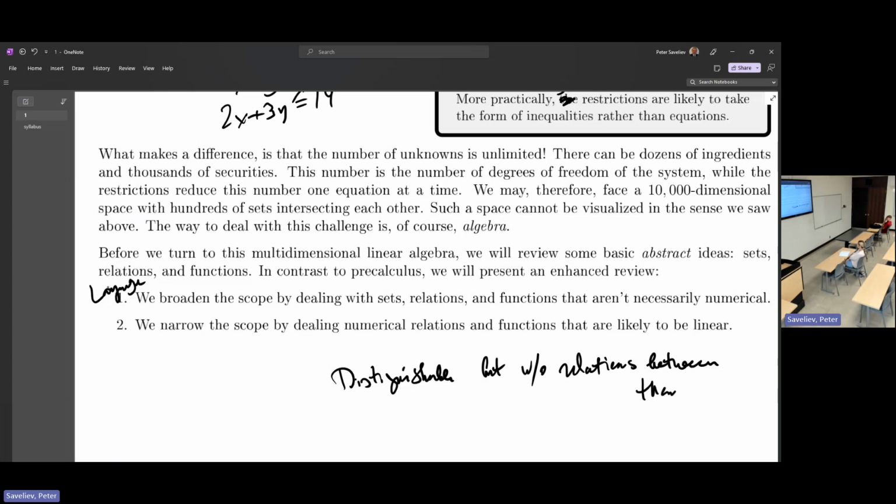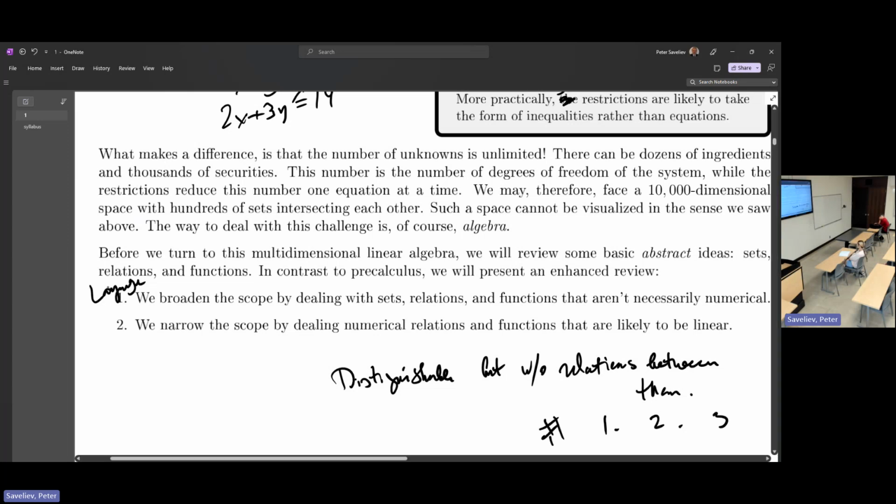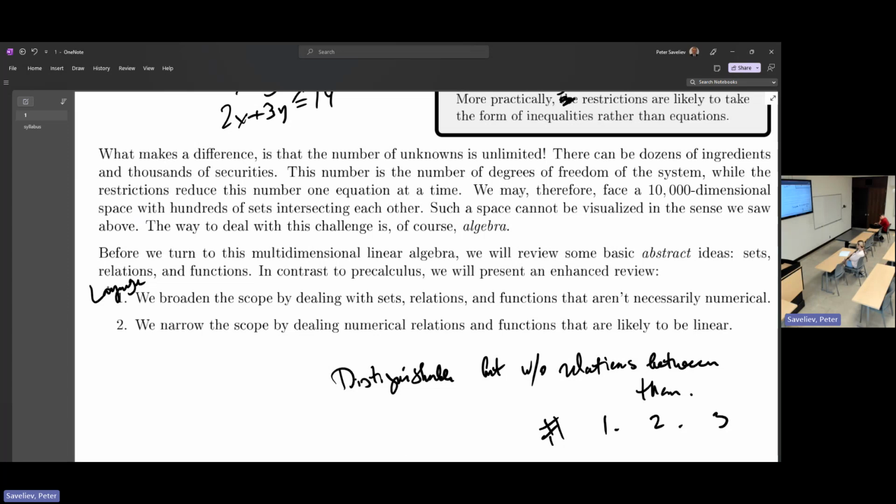What the relations between numbers could be: number one, algebra; number two, geometry, you can measure distances; and number three, the order, so smaller, larger, and so on. These three things that you can do with numbers are ignored if we speak of sets. Whenever we need algebra, we bring algebra. When we need geometry, we bring geometry. And until we do, we ignore that altogether.